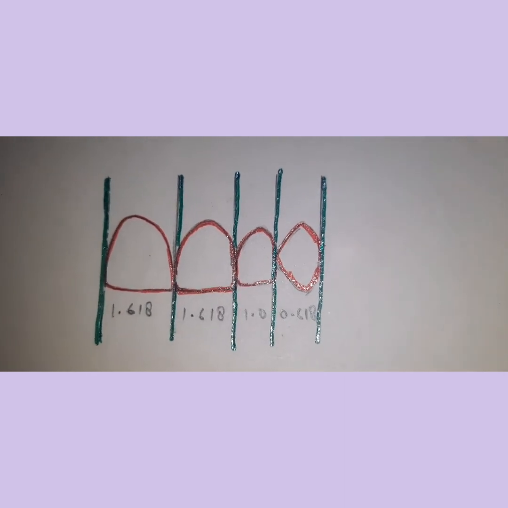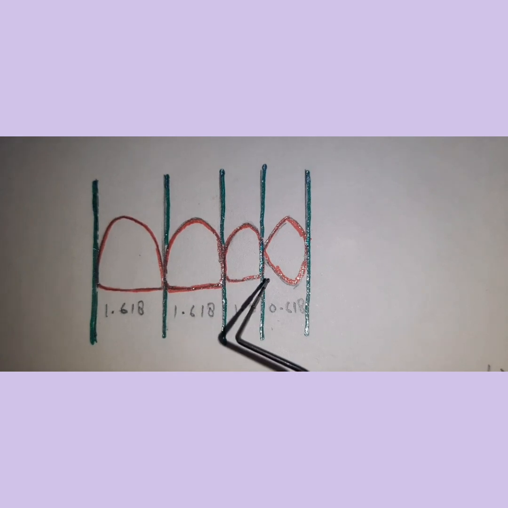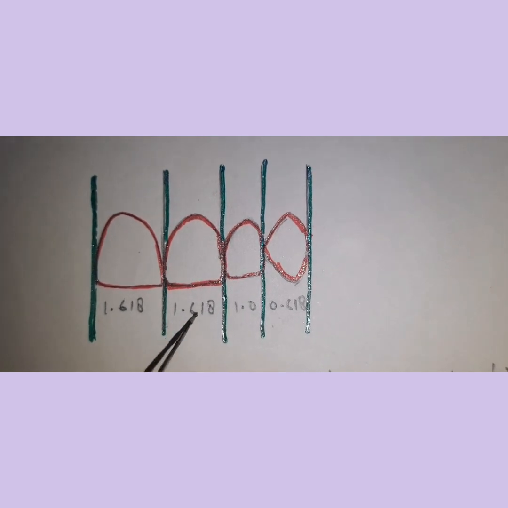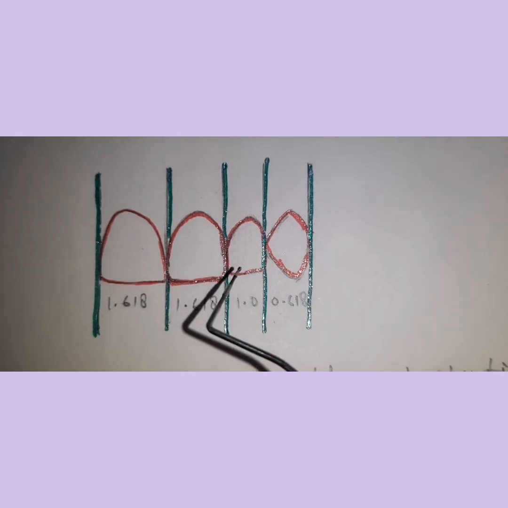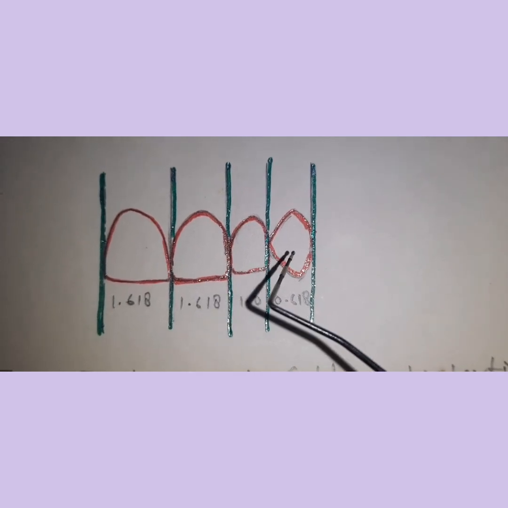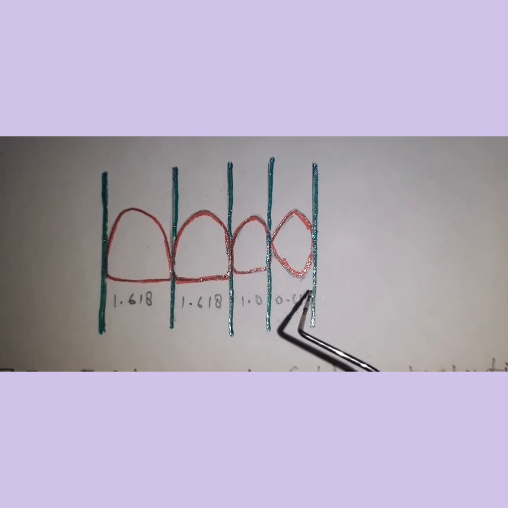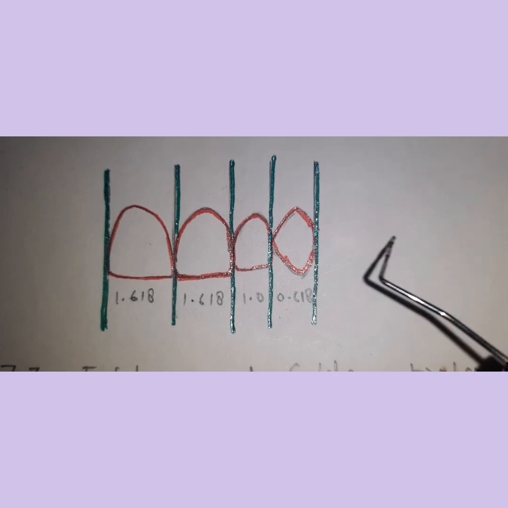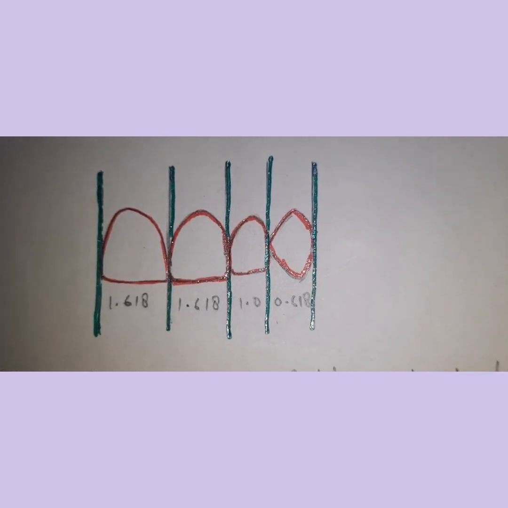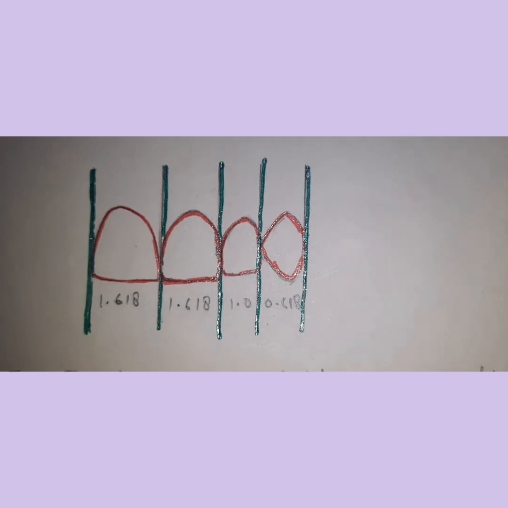So if you see the mesiodistal width of this central incisor, it's in a ratio of 1.618 is to 1. And again, this will be in the same relationship with this, that would be 1, and this is 0.618. So on and so forth, this is going to vary accordingly. So the maxillary anterior teeth should follow a golden proportion.